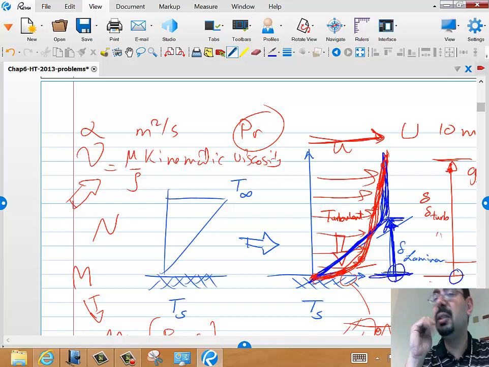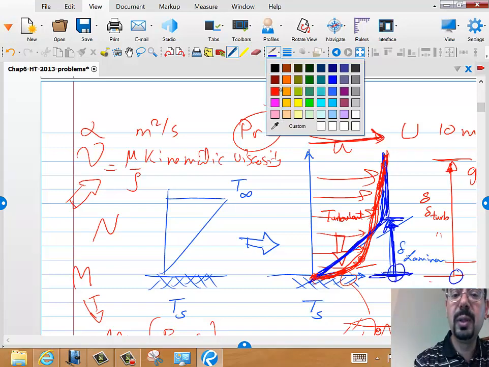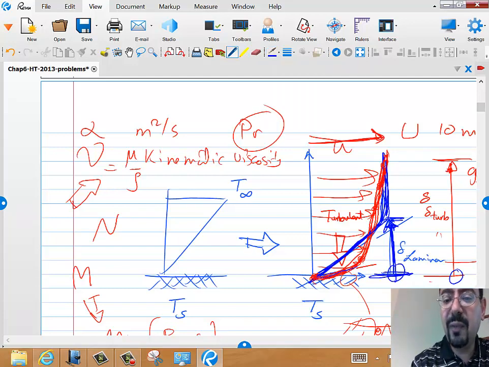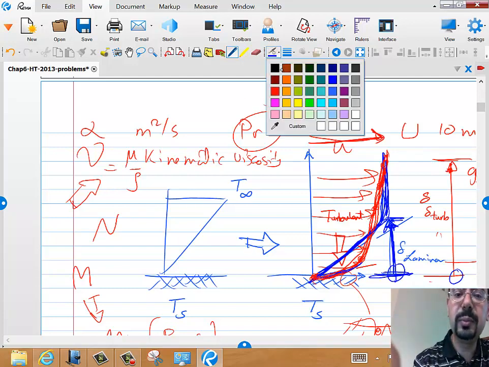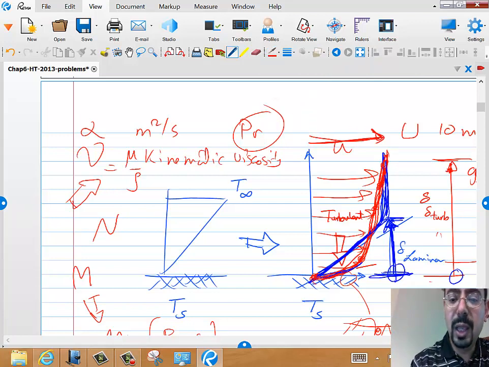And the reason why it's the turbulent velocity profile is because he managed to bring, look at this, very high velocity near the wall. Compared to the laminar, where the velocity near the wall is very small, right?